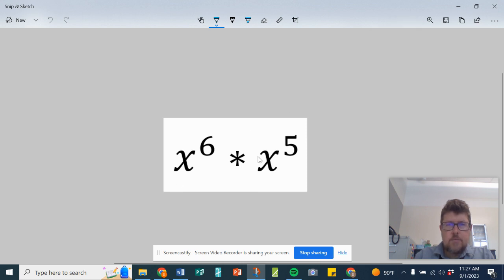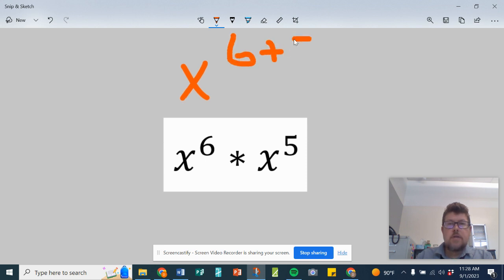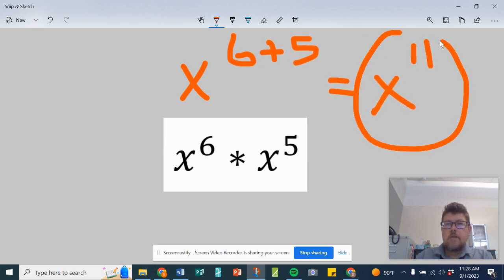We could write out 6 x's and then 5 x's, and then count them out to get to 11. Or we could just show it as x to the power of 6 plus 5, which equals x to the power of 11. So that's your shortcut right there.